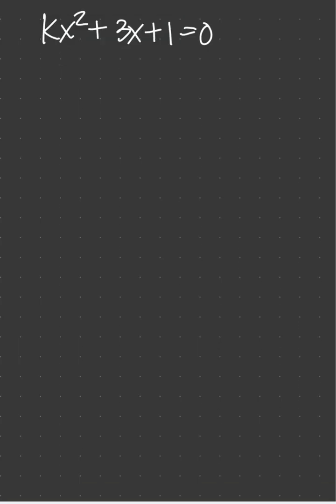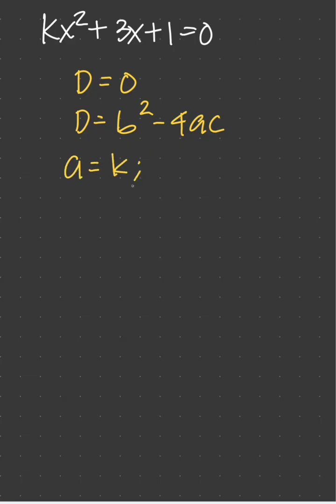If you can still recall from the previous lesson we had, when it has one solution, the determinant is equal to 0. So determinant is b squared minus 4ac. Okay, so a here is equal to k, b is equal to 3, then c is equal to 1.